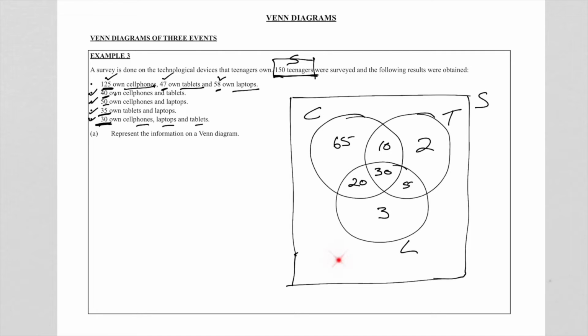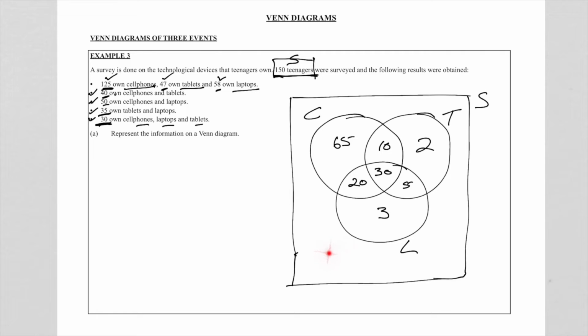What we then find that we will put outside means that those teenagers own none of these devices. So this 30 own 3 devices, the 10, the 20, the 5 own 2 devices, and the 2, the 65, and the 3 own 1 device only.